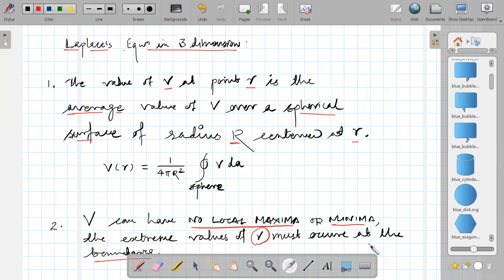Then we will find the average potential value for a sphere of radius capital R, and we will show that average potential is equal to 1 upon 4 pi epsilon 0 into q by z. Next we will find out the average potential for a sphere of radius capital R.